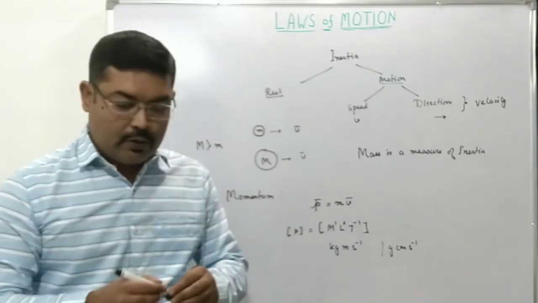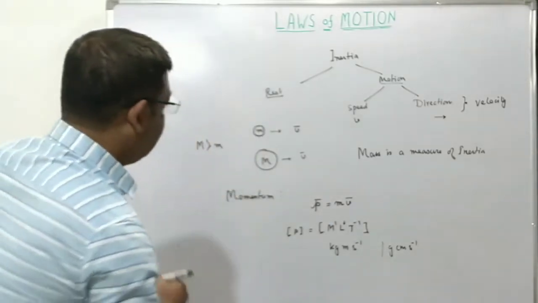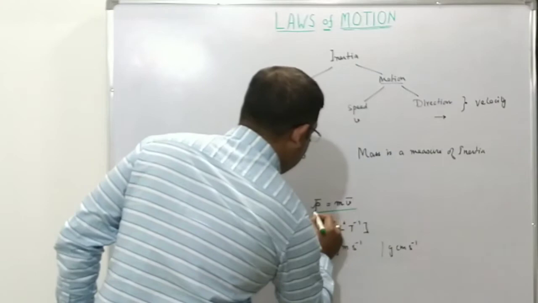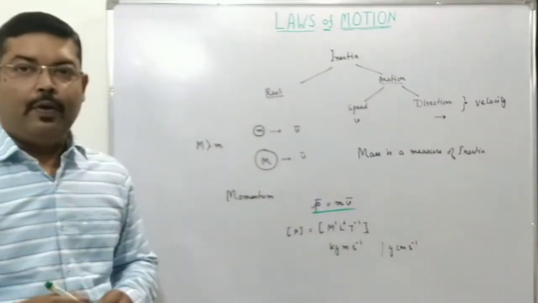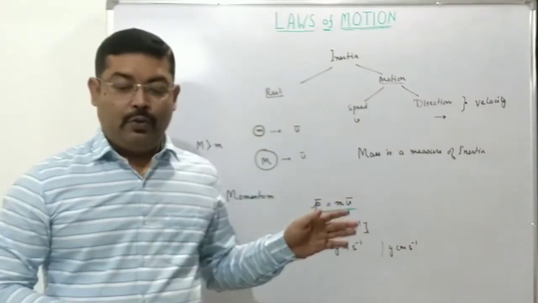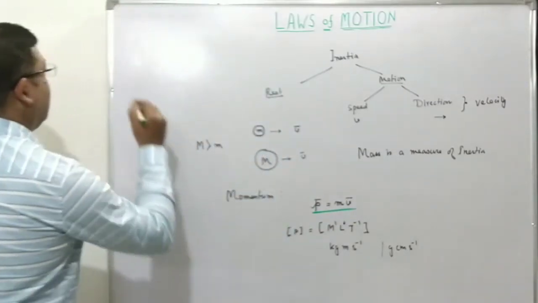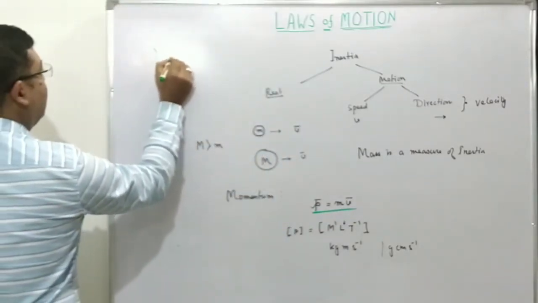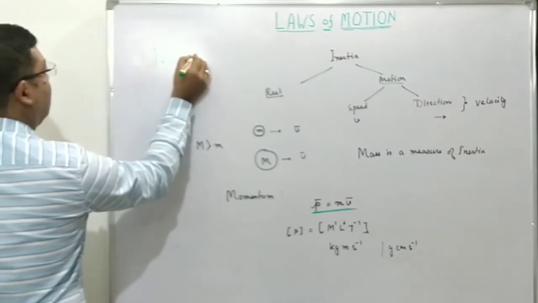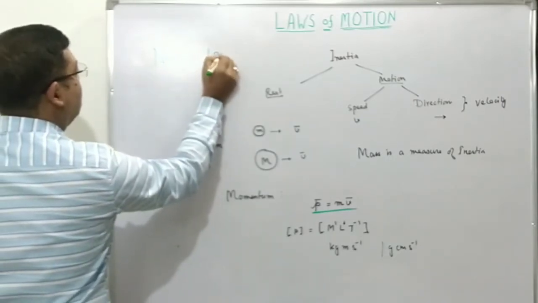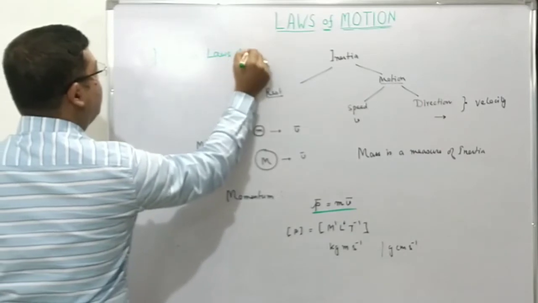This term momentum, or this equation, is one of the fundamental equations that we will require when we go into Newtonian physics, or we enter the realm of Newton's laws of motion.